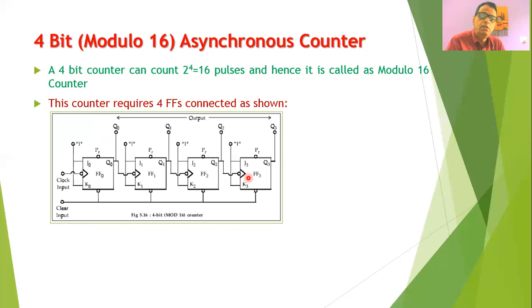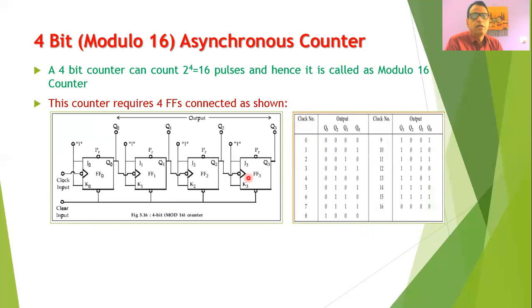So it is possible to construct an up counter, as well as a down counter. Now, when we construct the truth table, one can easily observe that initially we apply 0 to the clear input so that all the flip-flops are cleared and the initial output of the counter is 0, 0, 0, 0.